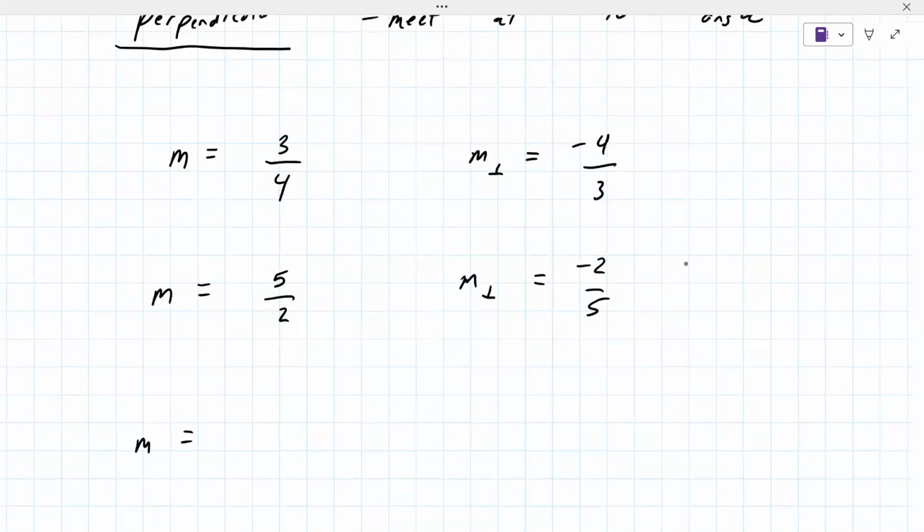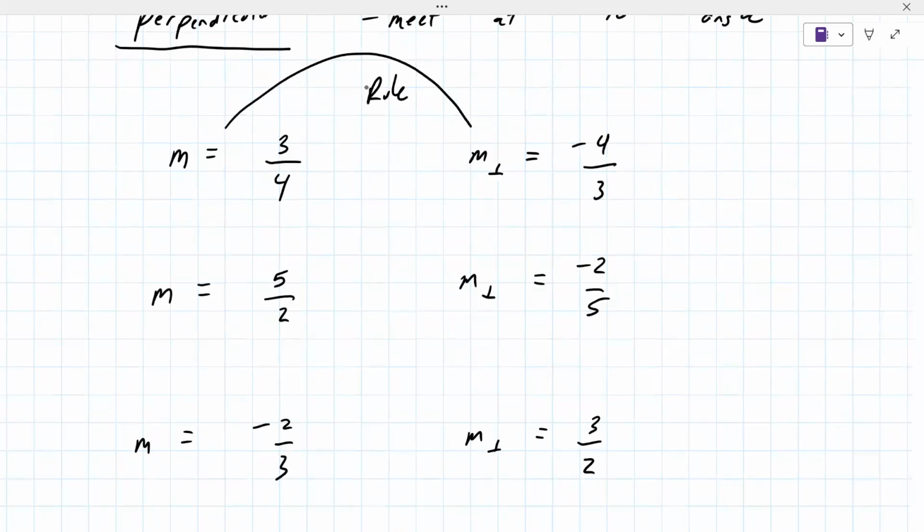Let's say the slope is -2/3. The slope perpendicular is 3/2. I'd like you, and we've got 4 minutes, sorry, I'll ask you just to briefly look at this and see if you can determine the rule for the perpendicular. There's a rule.